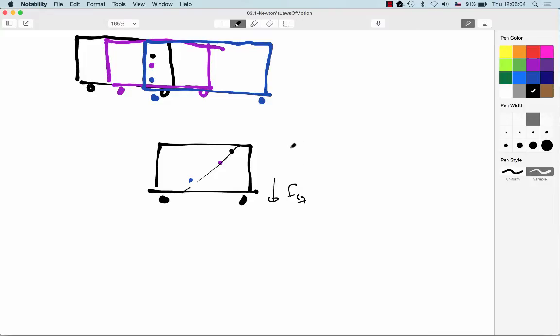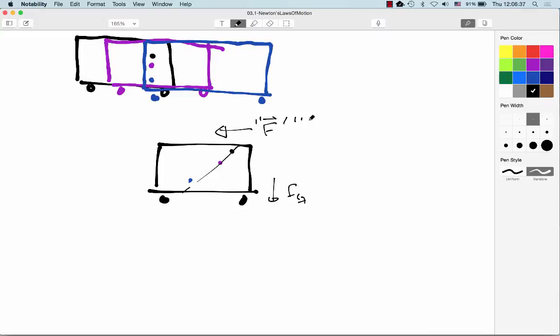So in addition to seeing a force of gravity down, which they would both agree on, the observer in the train would have to conclude that there was some other mystery force. We call these fictitious forces, and we'll get into them later. But for now, we'll just leave them alone and say that we can only do mechanics in an inertial frame.